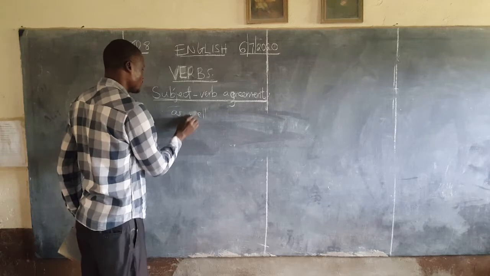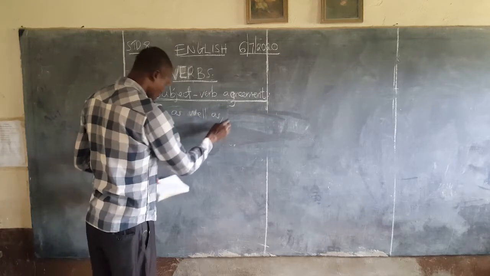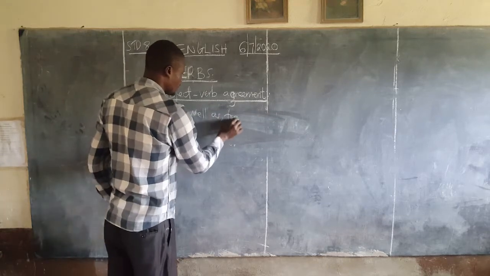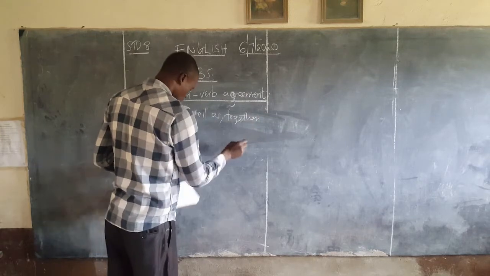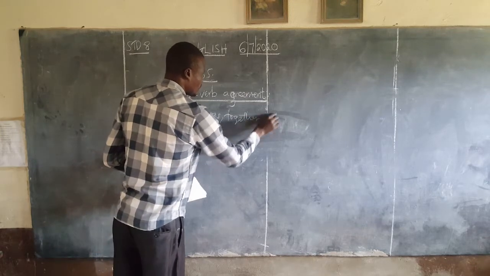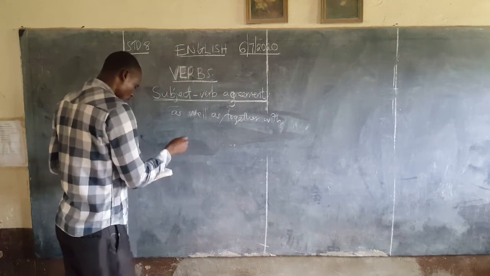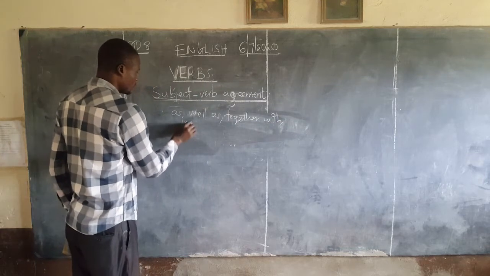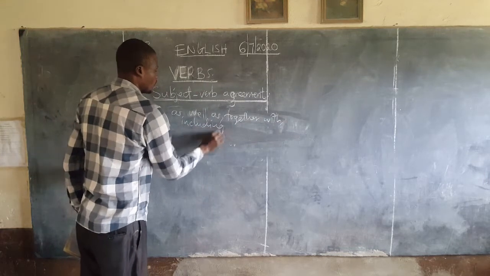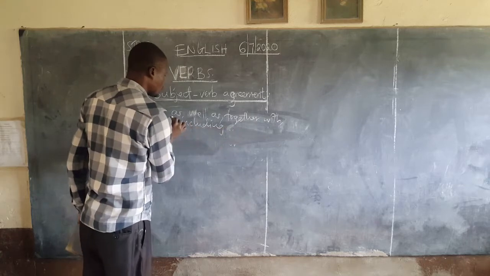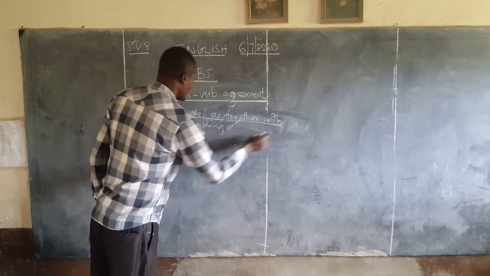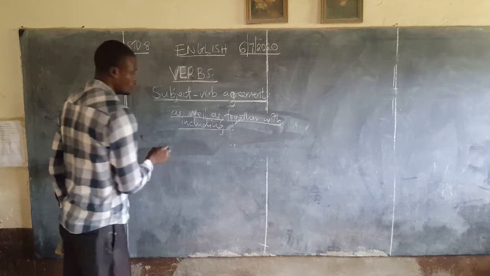Then 5 is when we use as well as, and this is the part you're going to dwell on much. As well as, we also have together with, then we have including. So as well as, together with, and including, those three.